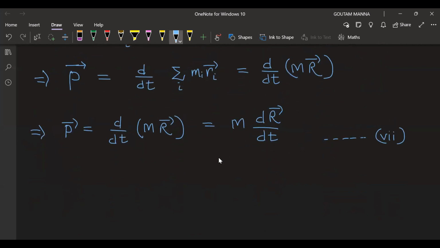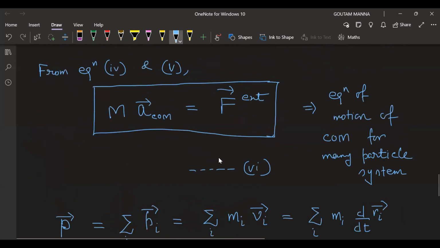Then dP/dt is equal to d²/dt² of M R. And what is d²/dt² of M R?